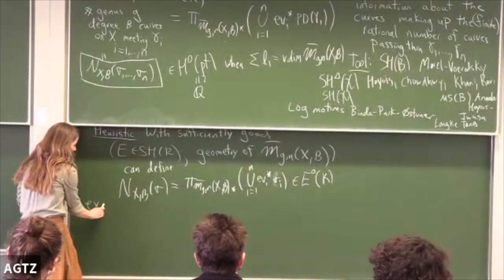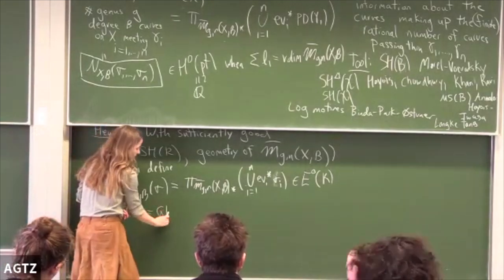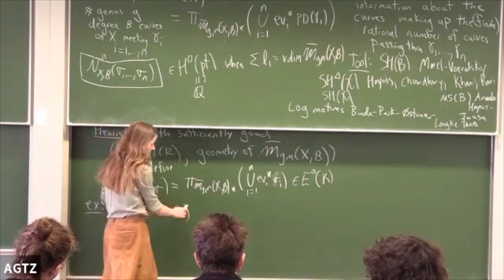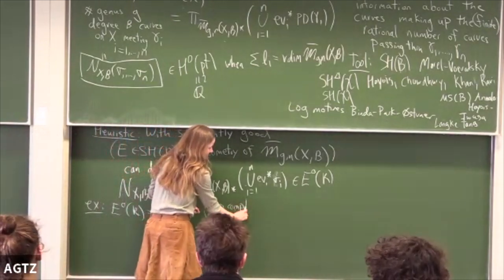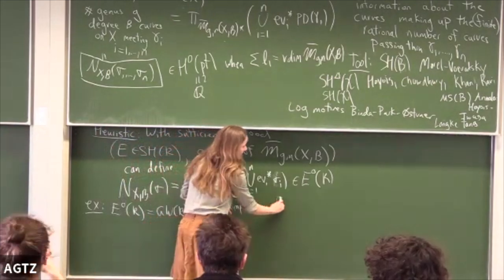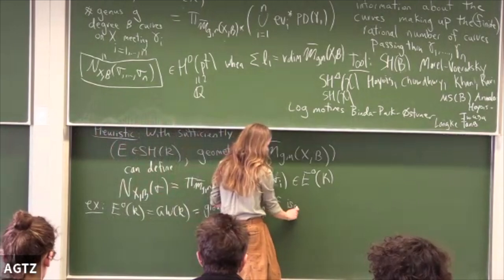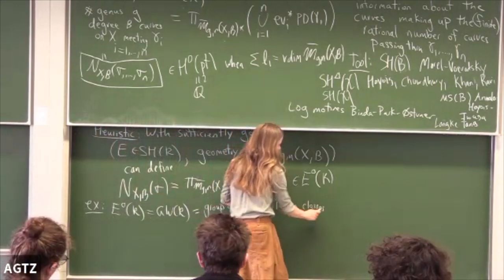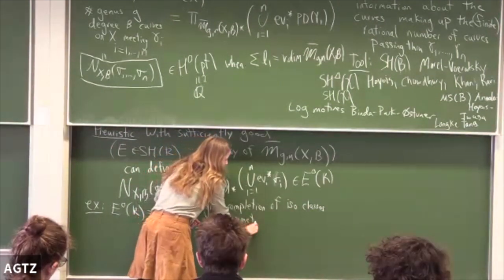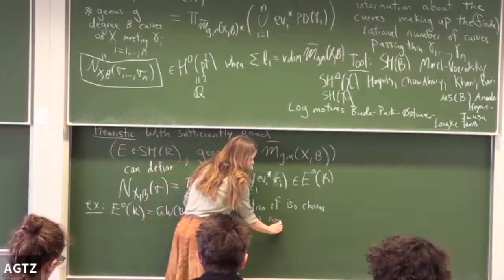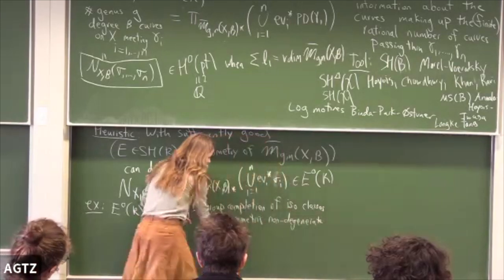So for example, E^0 of K is GW(K), the Grothendieck-Witt group of K. Again, this is the group completion of isomorphism classes of symmetric, non-degenerate bilinear forms.